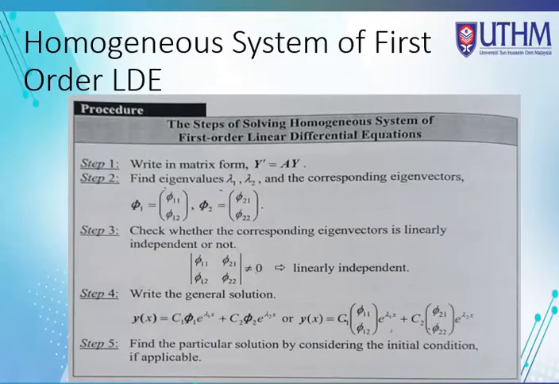And the third step. The third step is to check whether the eigenvectors are linearly independent or not. So we write in the form of eigenvector 1,1 and eigenvector 1,2 from eigenvector 1, and eigenvector 2,1 and eigenvector 2,2 from eigenvector 2.